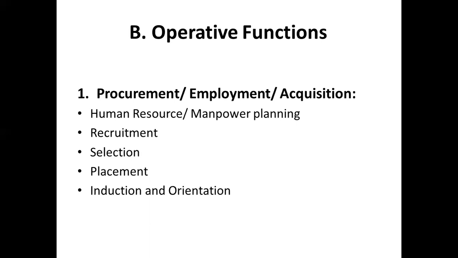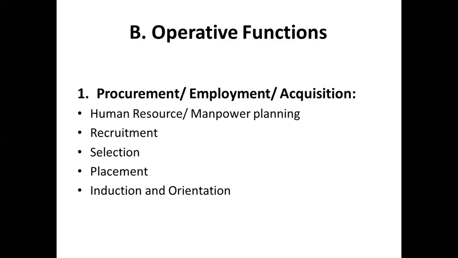That has a few points. First is human resource or manpower planning. You need to plan the required manpower for the organization and you need to recruit them. What is recruitment? Recruitment is a process of searching for the employees. You need to search for the required employees for your organization.